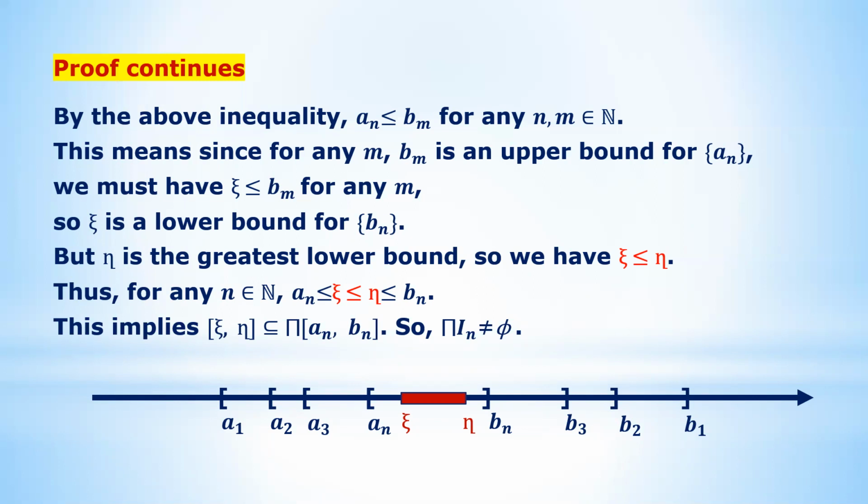This will imply that the C to eta, this middle interval, will shrink to a single point. And therefore the intersection may only contain one single point, because the length of Rn will approach 0.